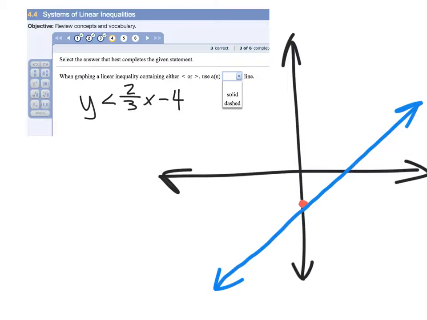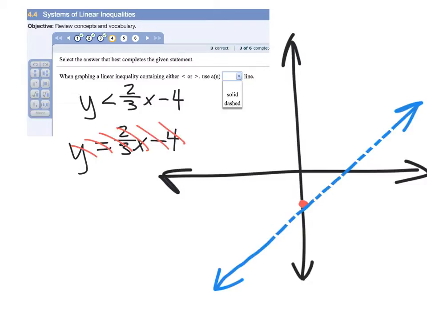Now that happens to be the graph of y is equal to 2/3 x minus 4. But we don't want y is equal to 2/3 x minus 4. We want y is less than 2/3 x minus 4. So the first thing is, because it says less than, that means we need to turn this line into a dashed line.